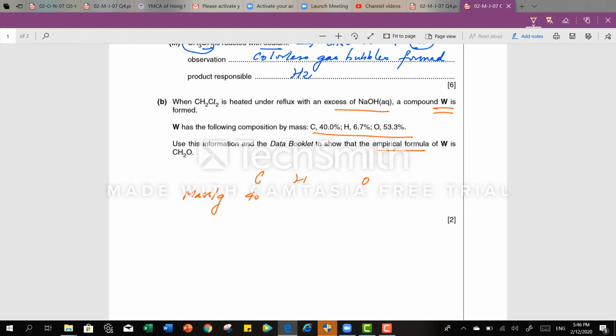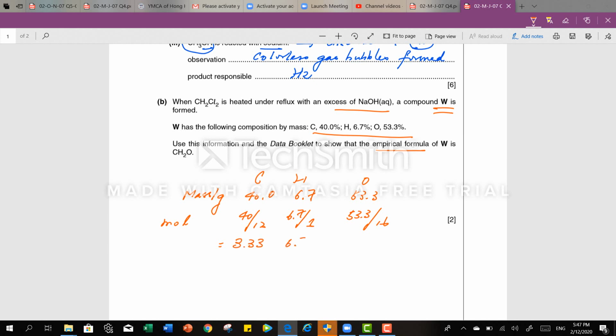Remember, in the exam, try to present your answer in a proper way so that the marker can follow it easier. And then you turn it to moles by dividing each of them by their corresponding molar mass. Okay, so I need to use my calculator to do it. You can also do it together.